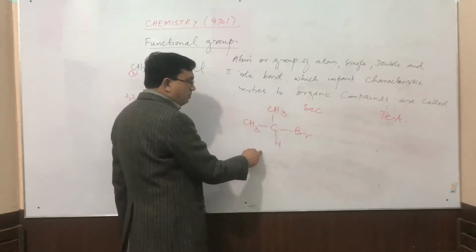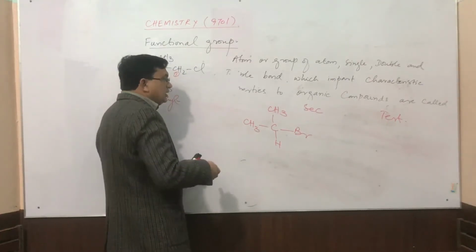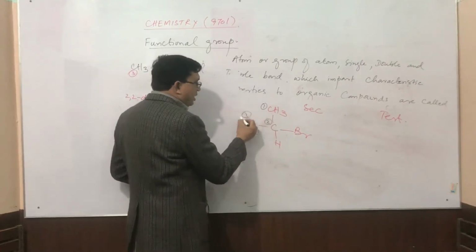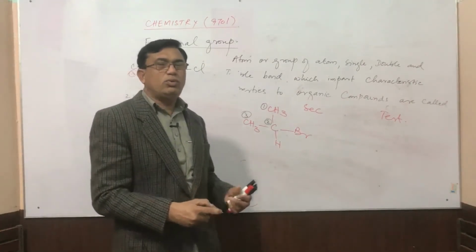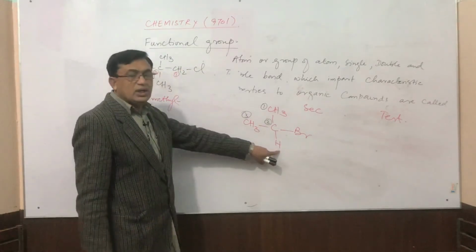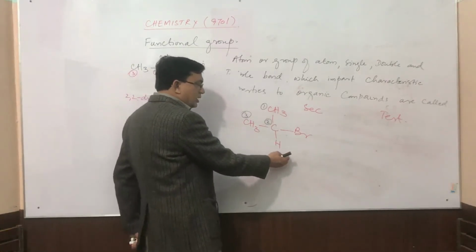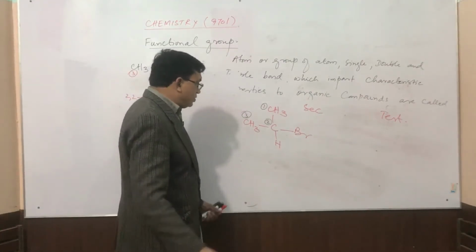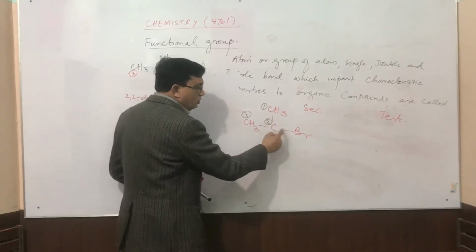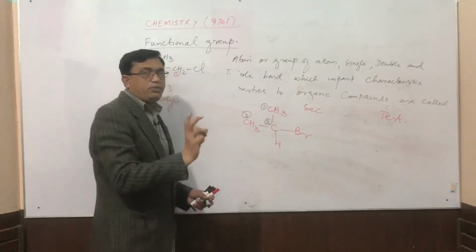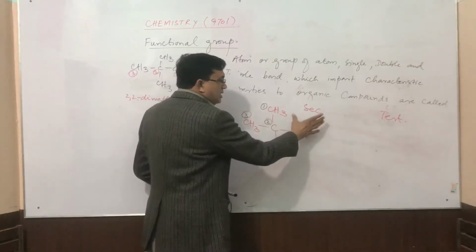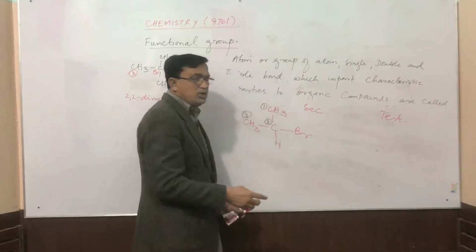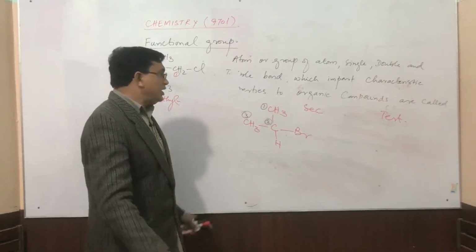Now name of this compound will be, if I say this is my number 1 carbon atom, this is second, and this is third, automatically this will be called as a 2-bromopropane, because hydrogen is not a functional group, neither it is any type of particular group which is required to be mentioned. The name of this will become 2-bromopropane. This is secondary halogenoalkane in which the carbon containing halogen group is further directly attached with the 2 carbon atoms.